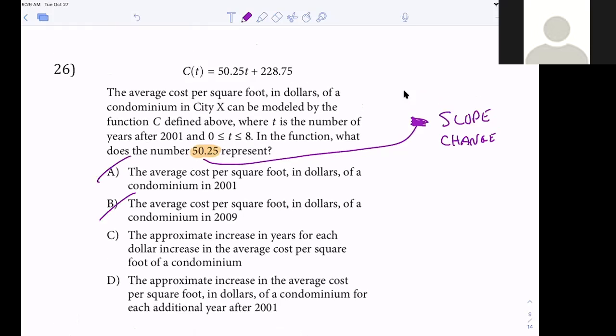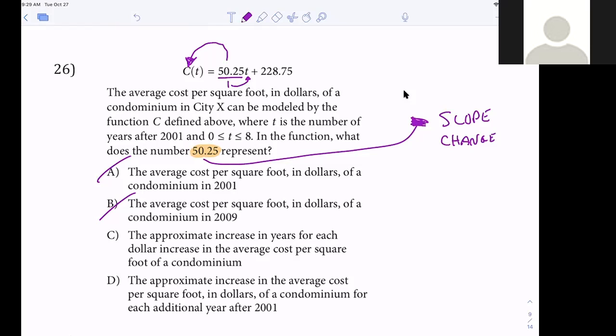Listen to me. I want everybody's eyes up on the board. 50.25 over 1. 50.25 talks about the change in what? C. 1 represents the change in what? T. Please make yourself a note of that.